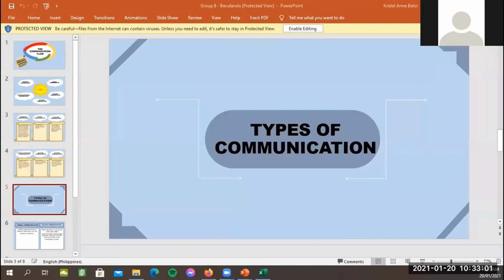Wait lang daw po, ma'am. Nag-connecting po isa naming kasama.